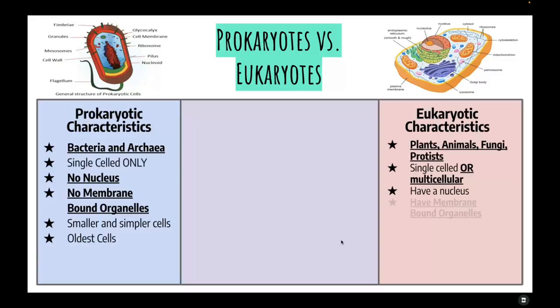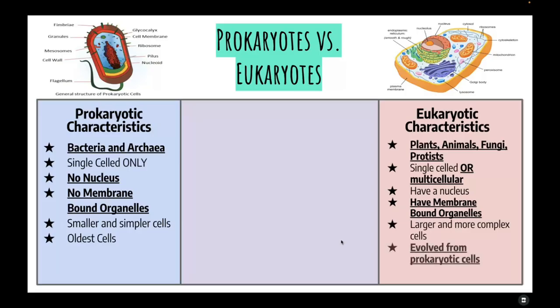They have a nucleus and membrane-bound organelles, so things aren't just free-floating around the cell, and they're larger and more complex cells. We know that eukaryotic cells evolved from prokaryotic cells. So this is like before the nucleus, and this is like after, once we have a nucleus.